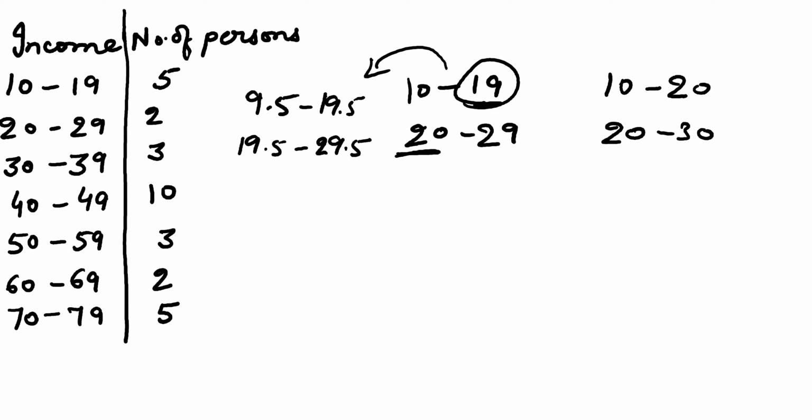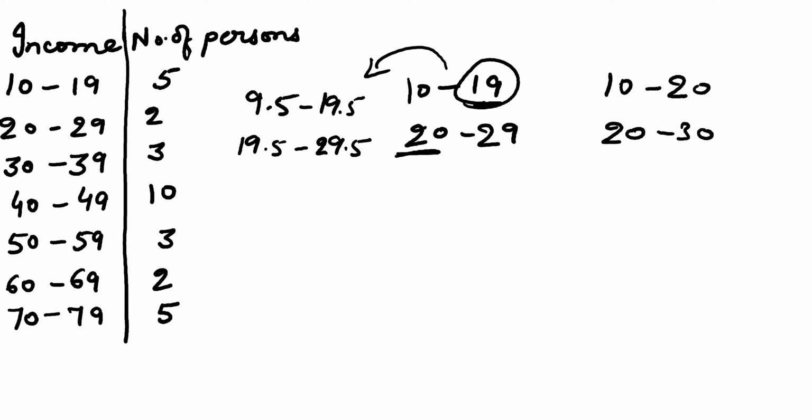As I have explained in the previous video, how to change an inclusive series into an exclusive series, or an exclusive series into an inclusive series. So the type of series given in this question is the inclusive series.